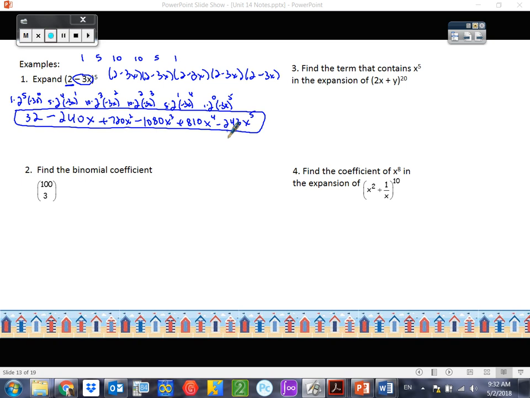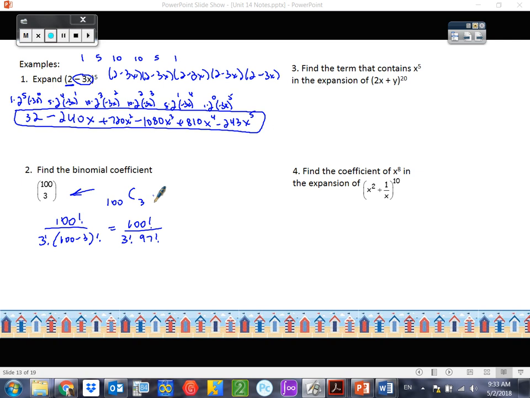So finding the binomial coefficient, I encourage you to just use the combinations on your calculator. So 100C3. If you want to use the formula, you certainly can. The formula is 100 factorial over 3 factorial times 100 minus 3 factorial, so 100 factorial over 3 factorial times 97 factorial.